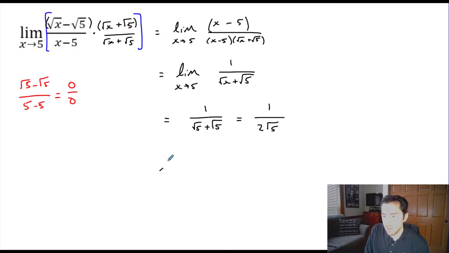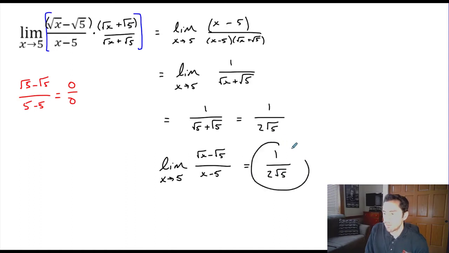So to sum that up, the limit as x approaches 5 of our original function is equal to 1 over 2 times the square root of 5. So again, just to reiterate, 5 was not part of the domain, and if we just try and plug in 5 initially, we ended up with 0 over 0.